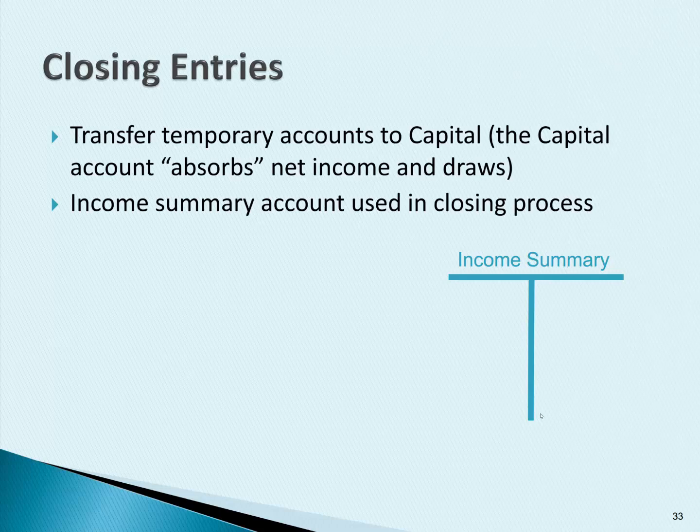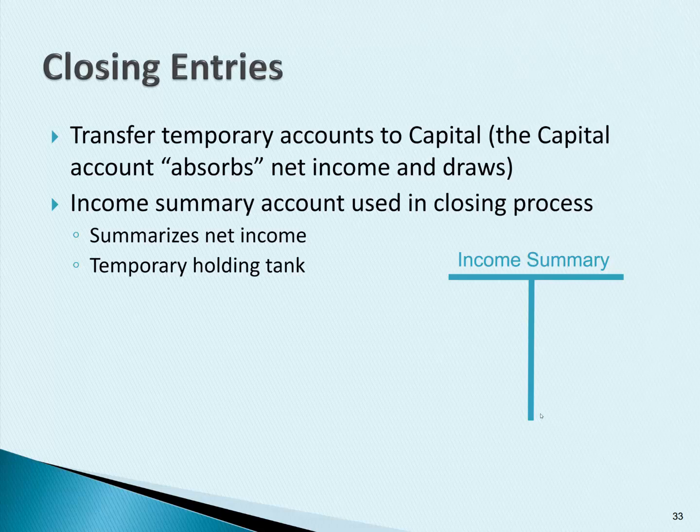And like its name suggests, it summarizes net income. It's just a temporary holding tank, so we only use it during the closing process. It's going to hold revenues and expenses during the closing process, and then we will close the net income, which is in income summary, into capital. This will make more sense when we go through it step by step.